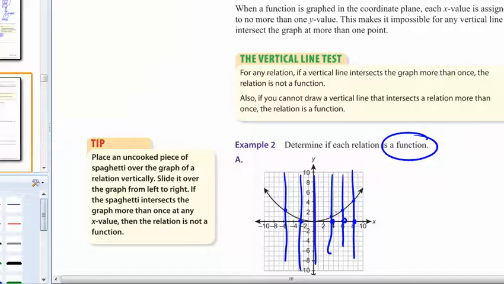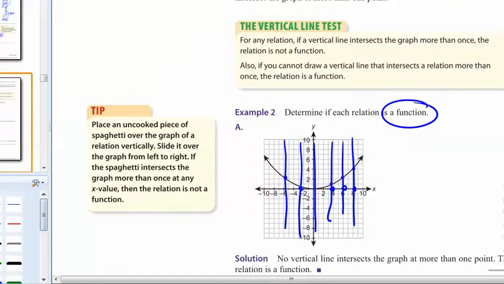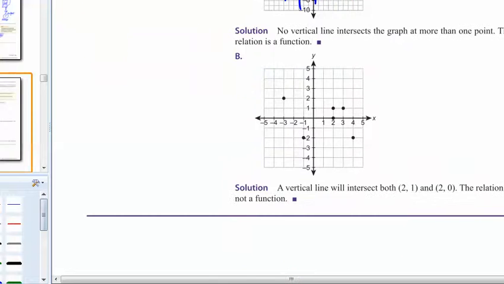If you have more than one point in which your graph is crossed by your vertical line, then that relation is not a function. You can see in this example here, B, if I'm going through this point, my vertical line crosses the graphical representation of my relation in more than two points. This is not a function.